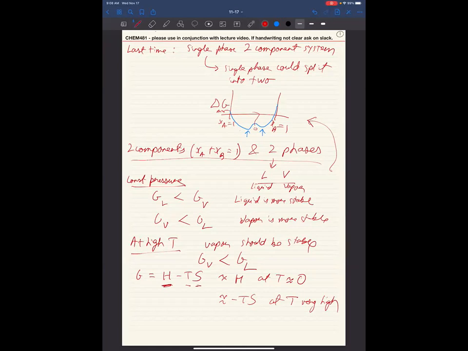The entropy itself might or might not depend on temperature. That's another story. But the term that you're multiplying the entropy with increases more and more, right? So at very high temperature, the Gibbs free energy is approximately minus T multiplied by entropy. Now, which one has higher entropy, vapor or liquid?